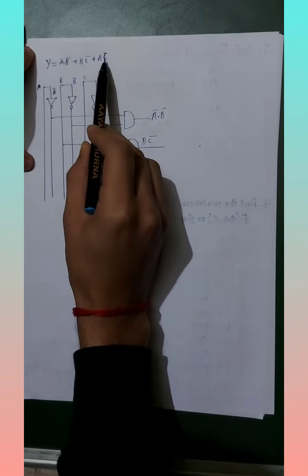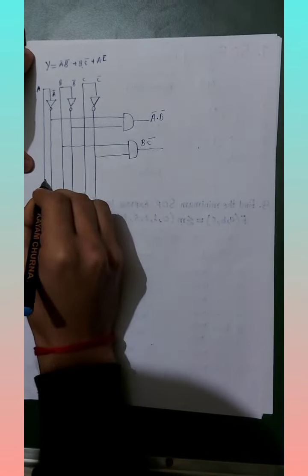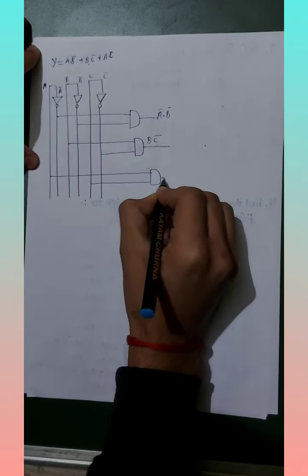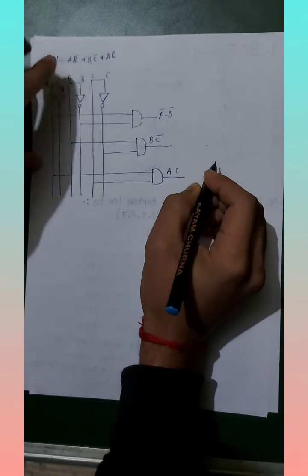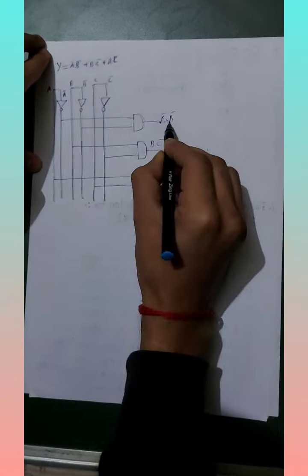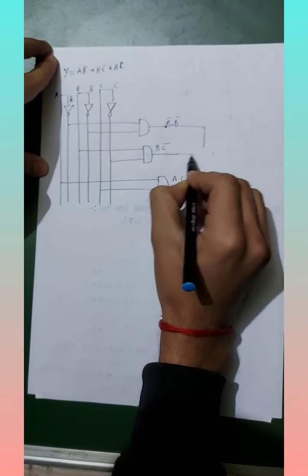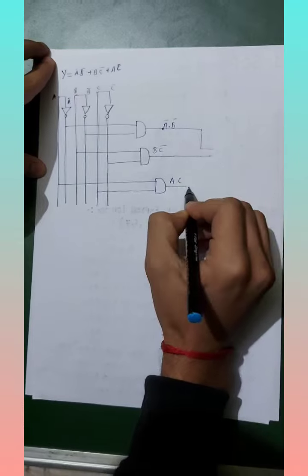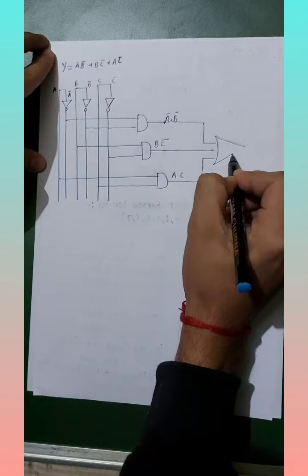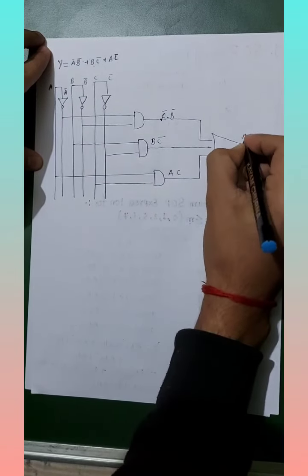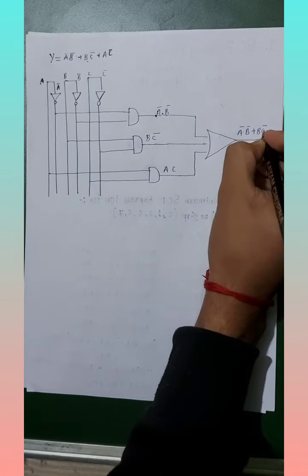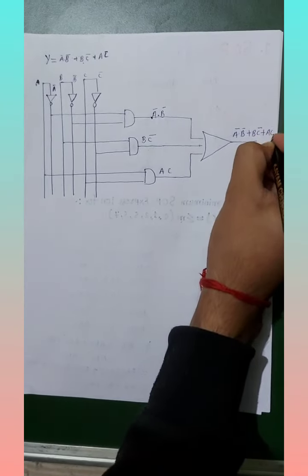Now at last we have a, c, so a and c using an AND gate, ac. Now all these expressions are connected with an OR gate. So we will use an OR gate here. All three are combined with the OR gate. So the OR gate is this. Now the expression is a bar dot b bar plus b c bar plus a c.